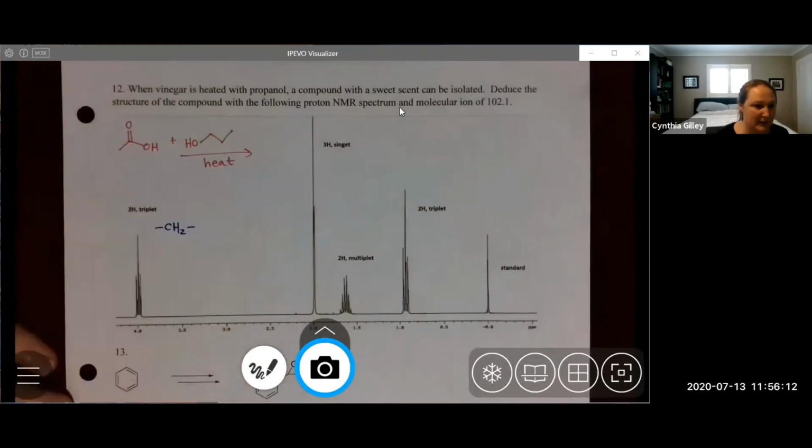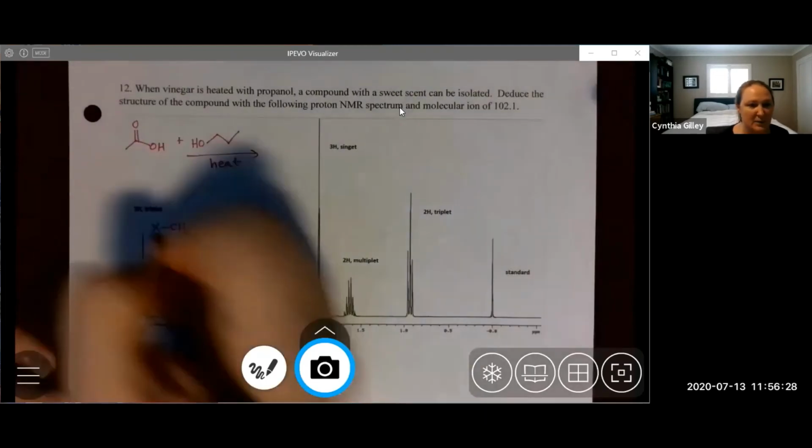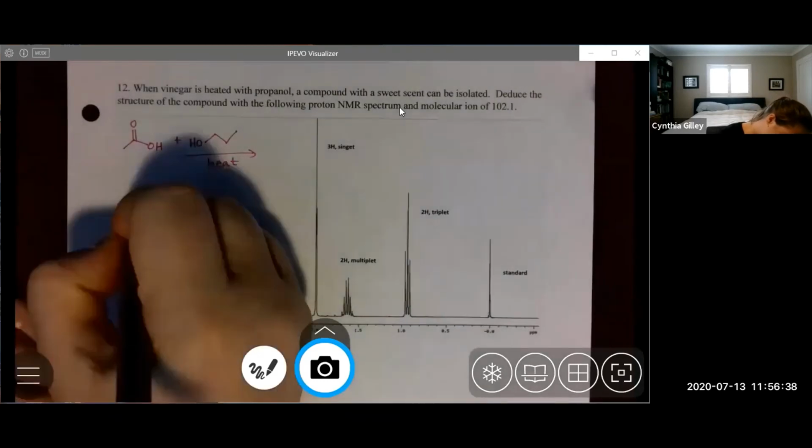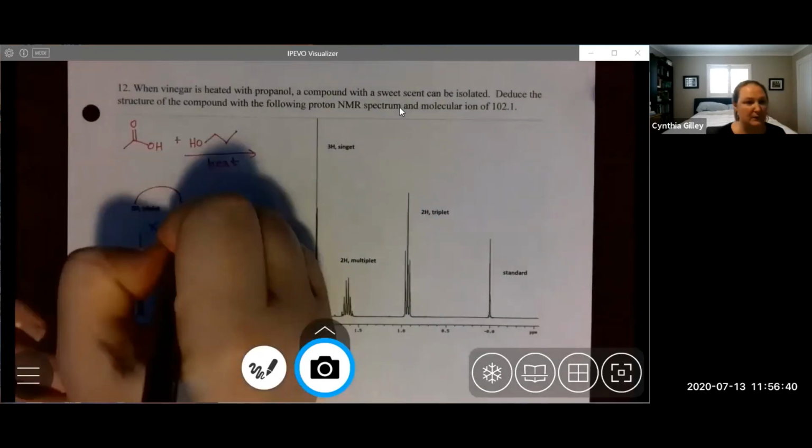And then it's a triplet, which means it has 2 neighbors. So I'm going to draw a CH2 next to it, and then sort of put an X here. Don't know what's attached there, but nothing with a hydrogen, because then it would be further split.